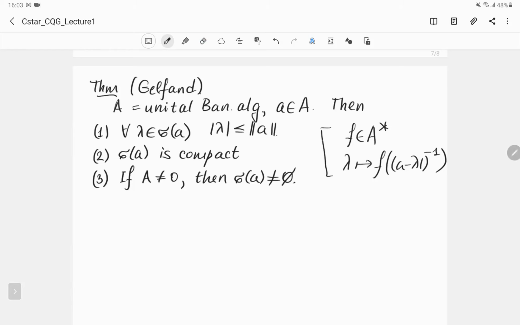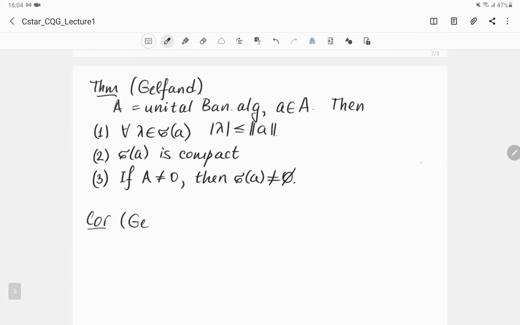As a corollary of Gelfand's theorem, we obtain the following nice result. This is the so-called Gelfand-Mazur theorem. Suppose that A is a Banach division algebra.